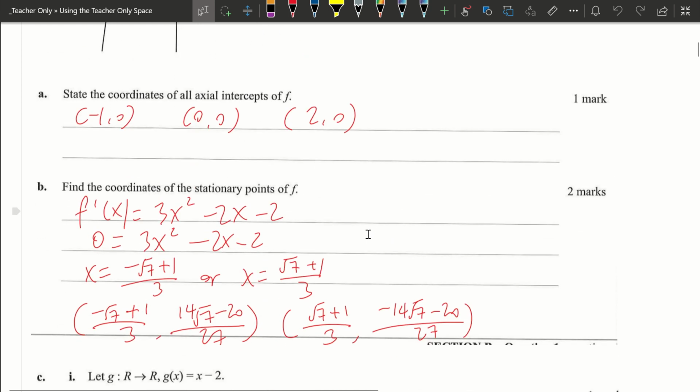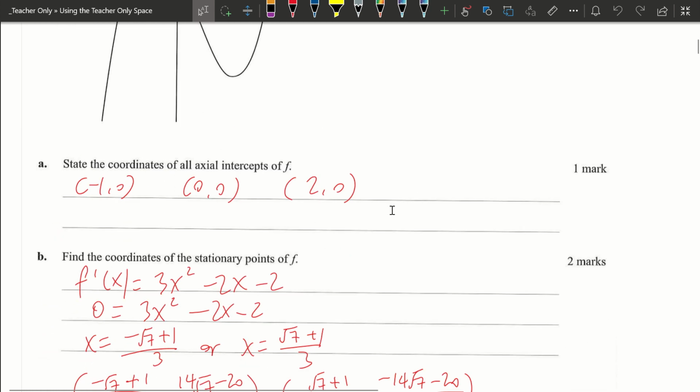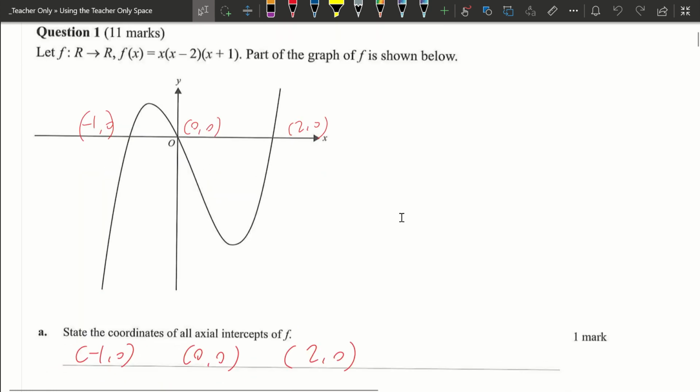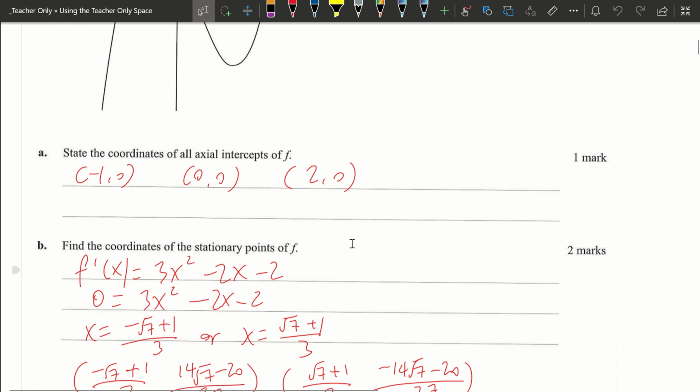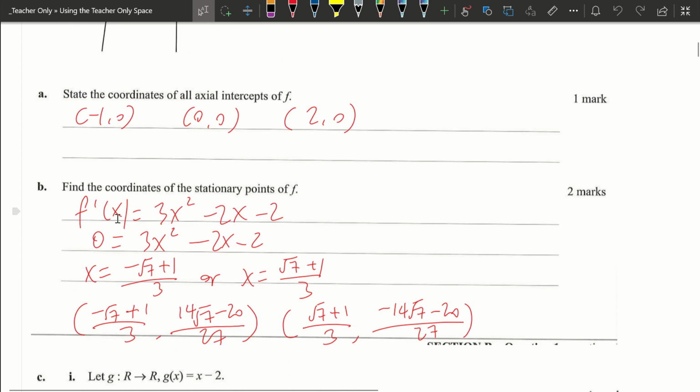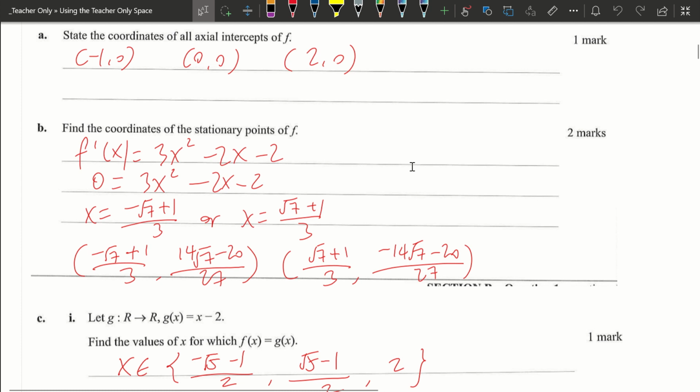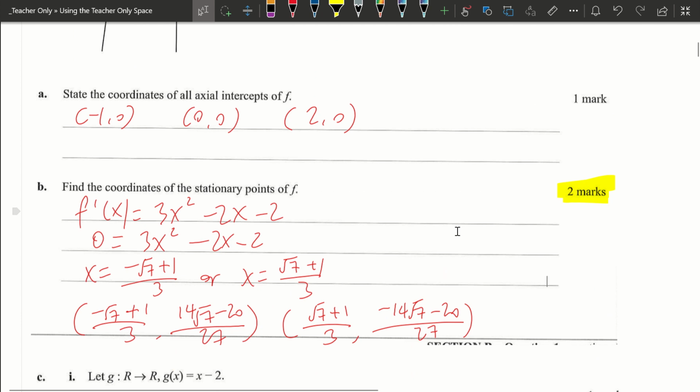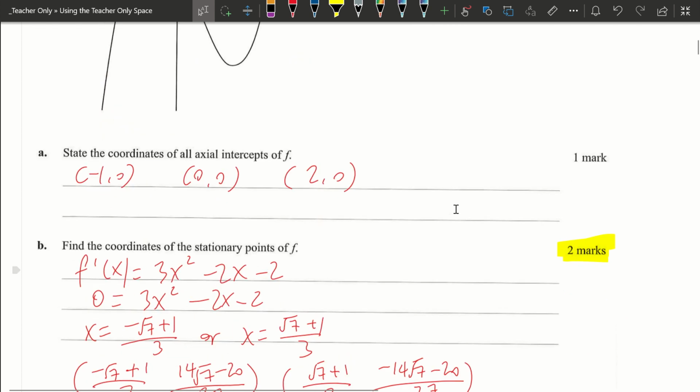Find the coordinates of the stationary points. This is exam 2, so technically you can do this on your calculator and just write down the answer straight away. But because the question is a two-mark question, we should show some working out just to earn all the 2 marks.